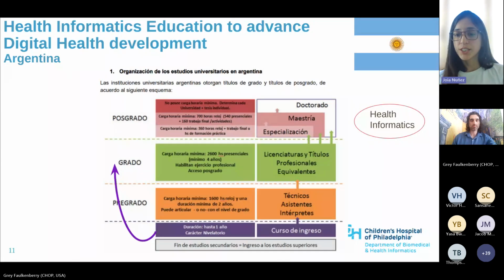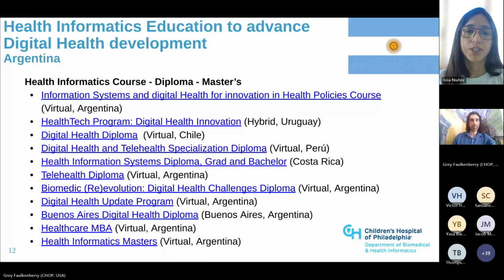So if you want to go to the next slide, I feel like particularly in Argentina and also in Latin America, after the pandemic, the need of obtaining health informatics skills became very apparent, and the need for expanding on this area became really huge.